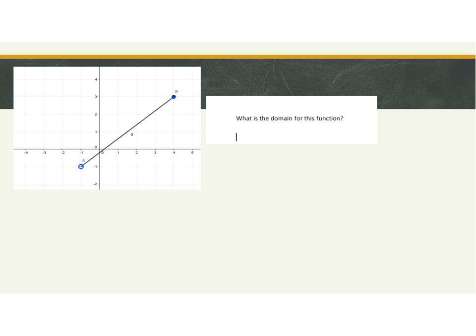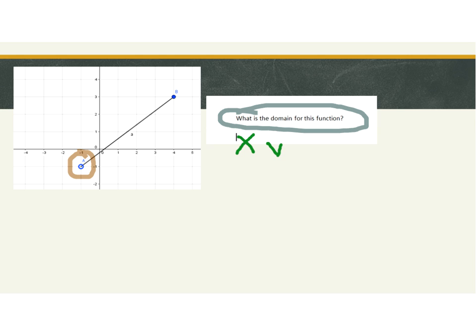All right. What is the domain? This is one of those questions that gets missed a lot. And I want to explain how to do it. This open circle means that it is not a part of the answer. When you are writing domain, the domain is always the x values, not the y values.